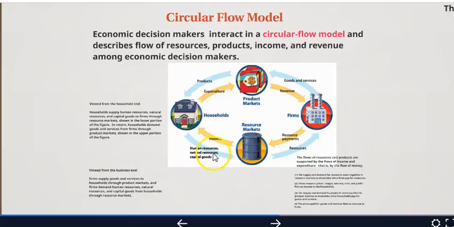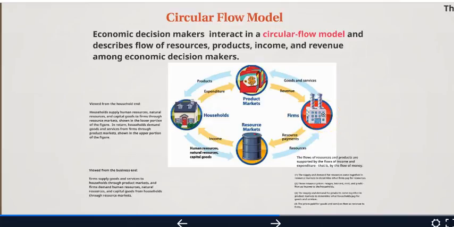In return, households demand goods and services from firms through product markets, shown in the upper portion of the figure. So we demand goods and services from product markets, going this way, to households. And we supply human resources, natural resources, and capital goods to firms.